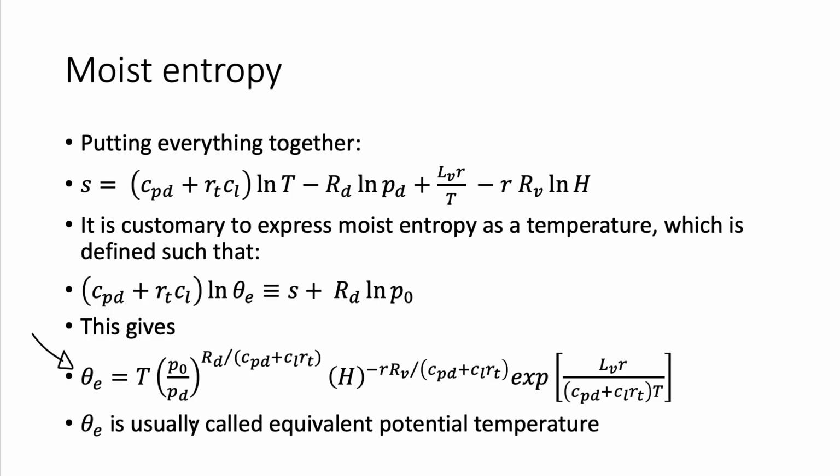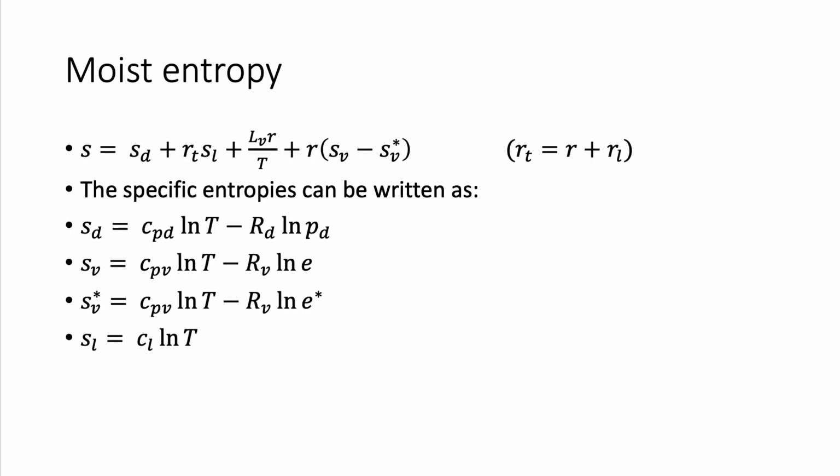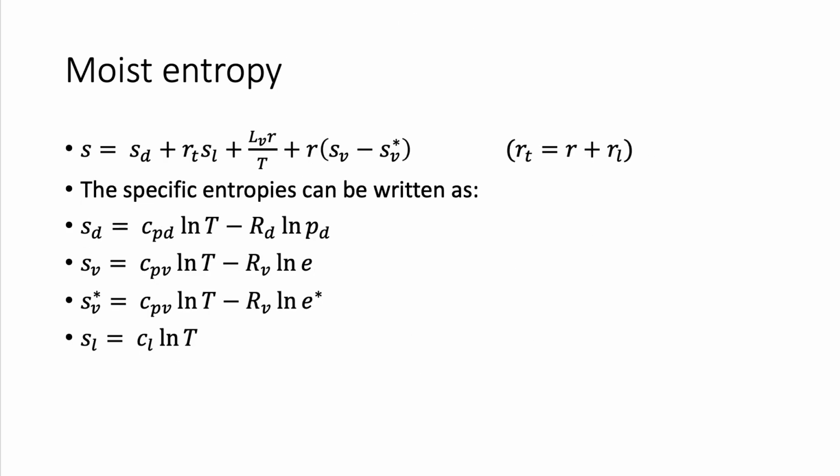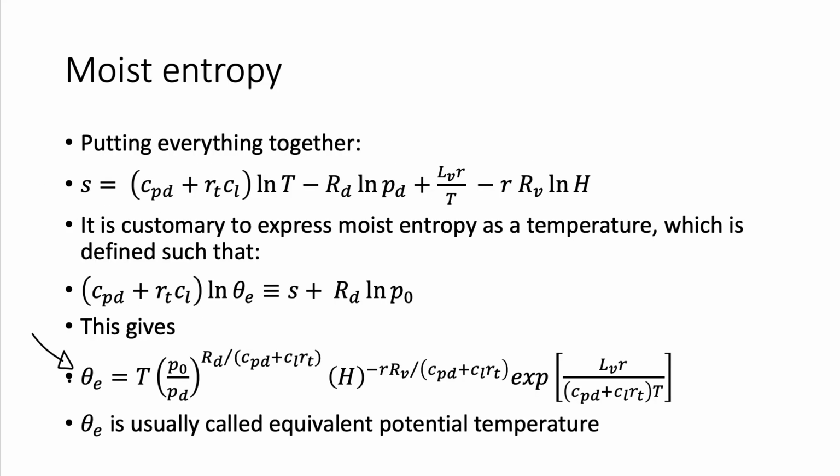Now, I don't want you to remember all these steps that we went through, okay? How we started from entropy, and we arrived at the end with these different steps. We arrived at the equivalent potential temperature. It doesn't matter. Don't worry. You don't have to remember this.